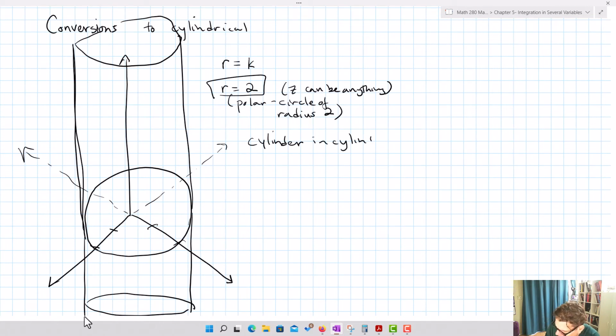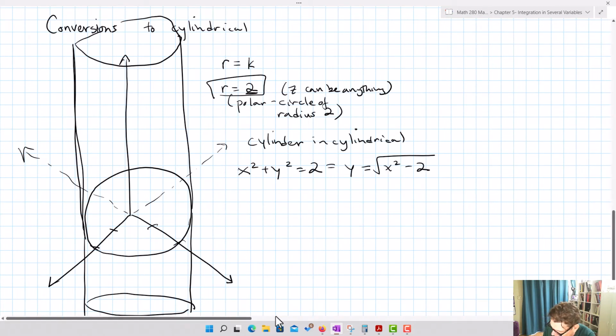And if you can imagine, say for example you're integrating, how much easier is it to think about integrating over just a constant value versus, say for example, if we were to rewrite this in rectangular, it's x squared plus y squared equals 2. And then we probably have to change it to y equals the square root of 2 minus x squared, right?